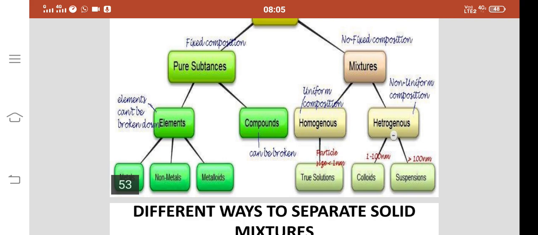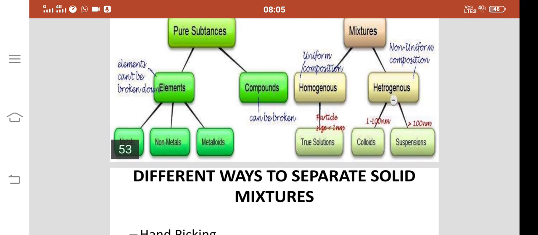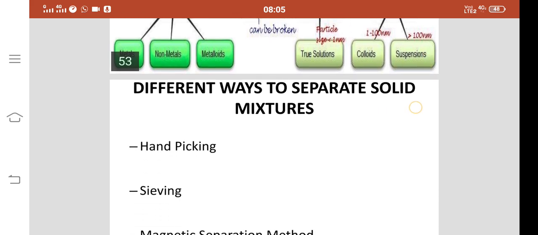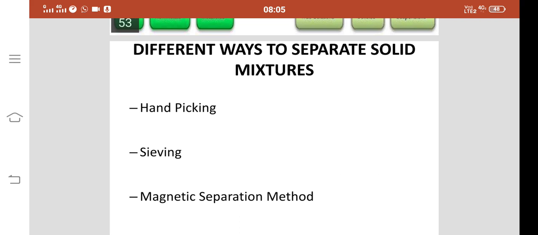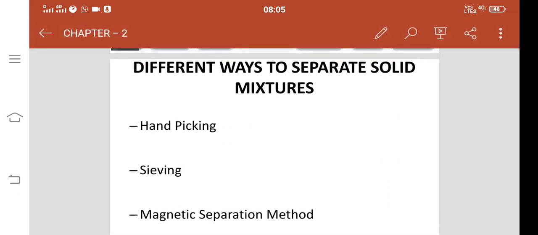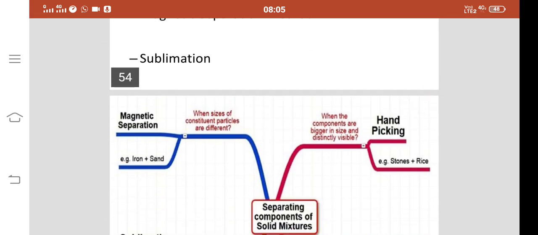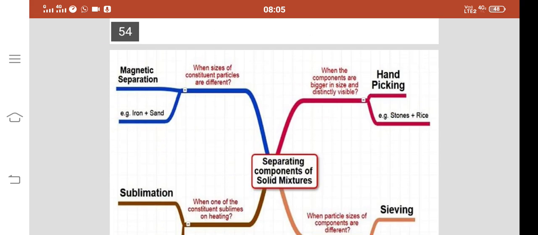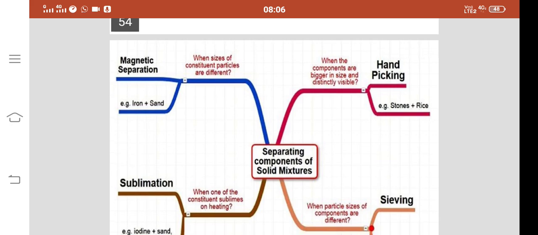Different ways to separate solid mixtures: hand picking, sieving, magnetic separation methods, sublimation. So these are the various ways to separate solid mixtures. This particular slide is also showing the various methods for separating components of solid mixtures.